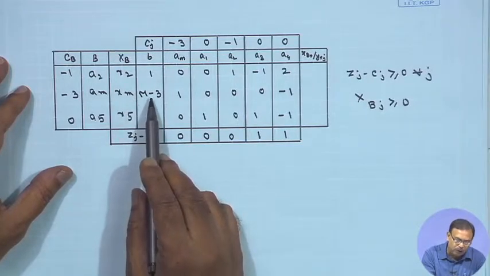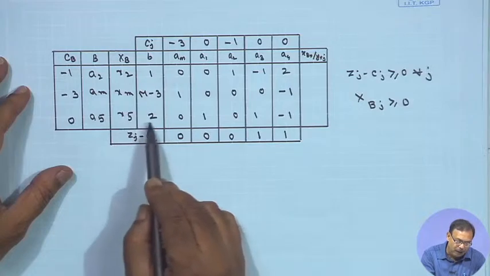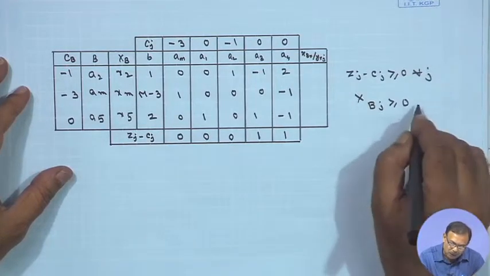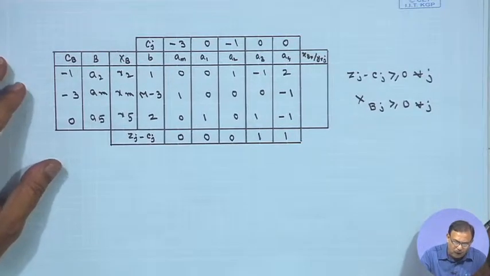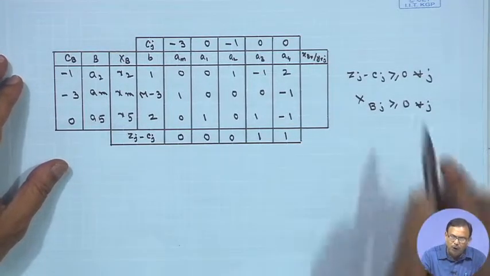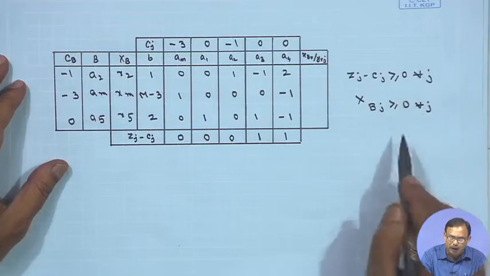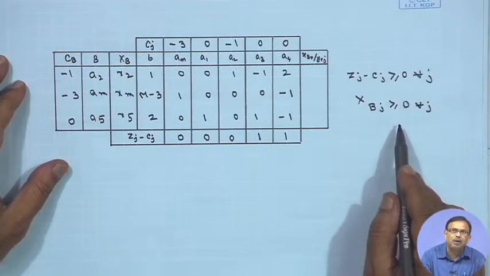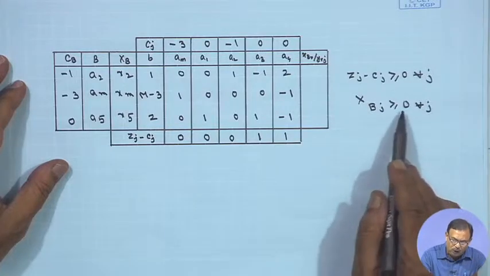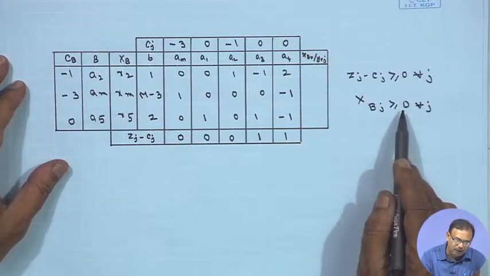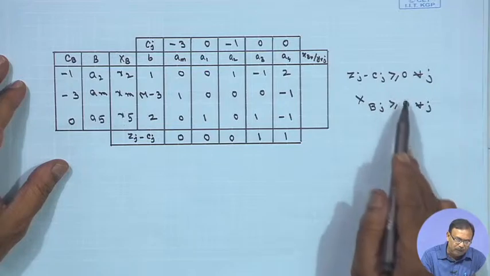Therefore, xm will also be greater than or equal to 0 and x5 is 0. So xbj is greater than or equal to 0 for all j. So your optimality condition as well as the feasibility condition have both been satisfied in this case. Once this is satisfied, we have got the optimum solution.